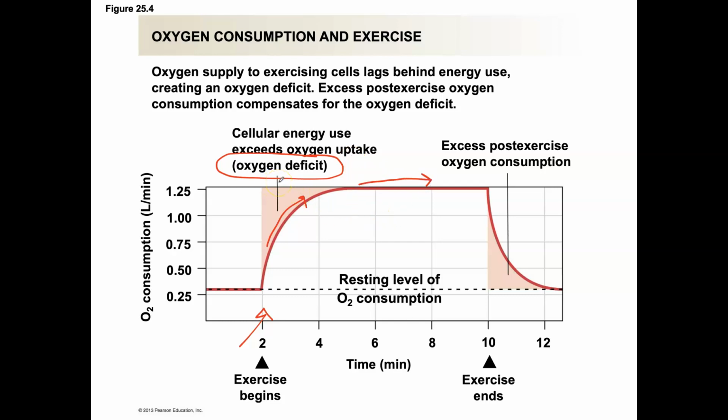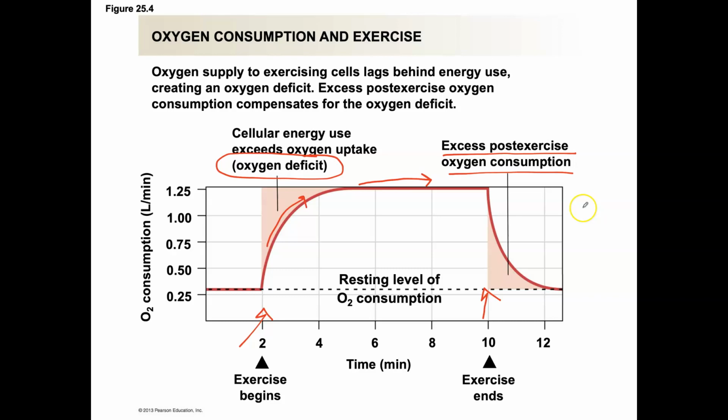So if you create an oxygen deficit at the beginning of your exercise routine, once exercise stops, you still have an excess post-exercise oxygen consumption that needs to take place. So when your exercise stops, you're going to have to continue consuming more oxygen than normal to basically make up for that oxygen debt that's been created.